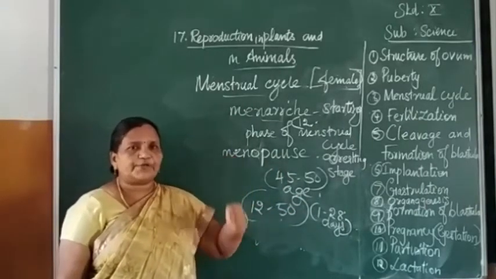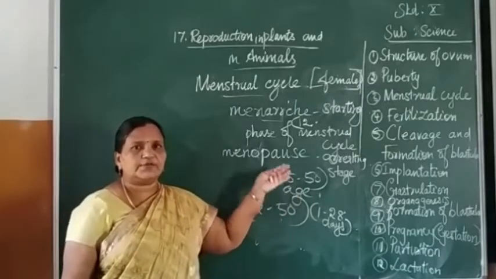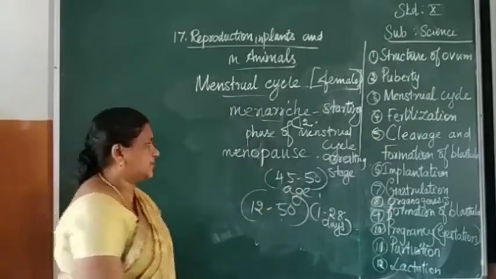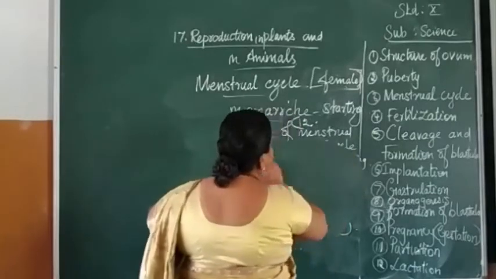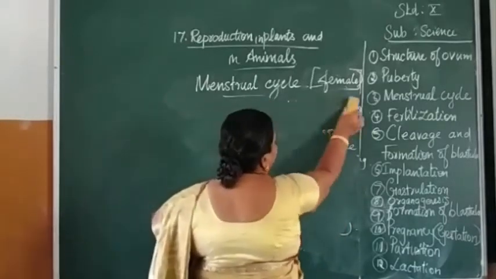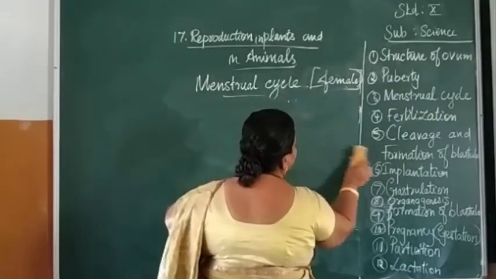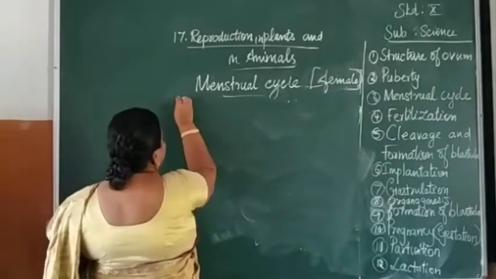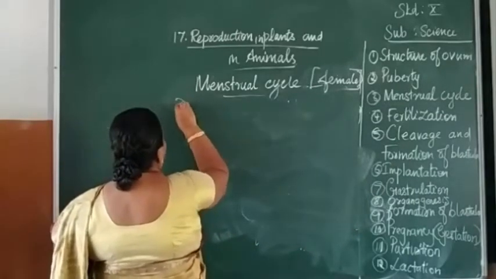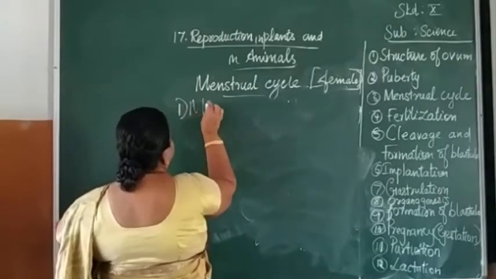There are 4 phases in the menstrual cycle. 4 phases means 4 stages. What are the 4 steps of the menstrual cycle? First one is the menstrual phase.